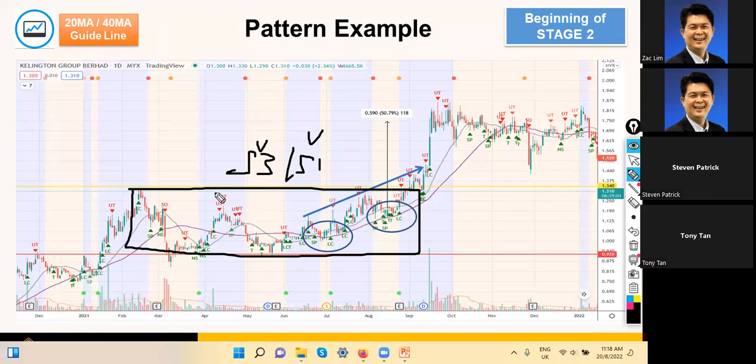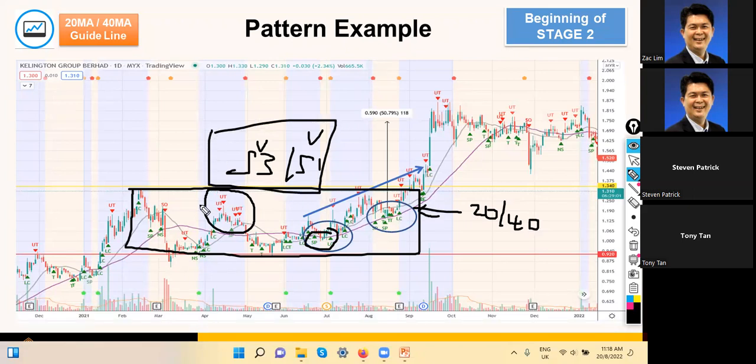You will use the pattern of uptrust, overtake uptrust, or SP confirm, rather than using the 20 moving average as a guideline. Always when you judge the stock, you use this pattern first. You use this uptrust and SP pattern first, then your 20 and 40 moving averages are supporting only. You don't apply this as the primary; this becomes secondary.